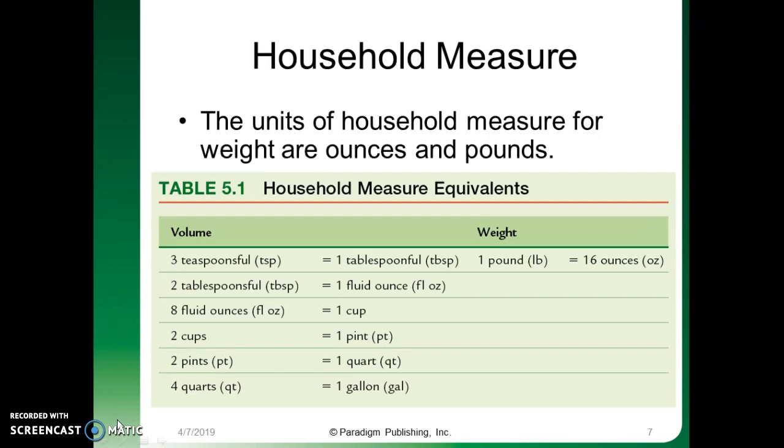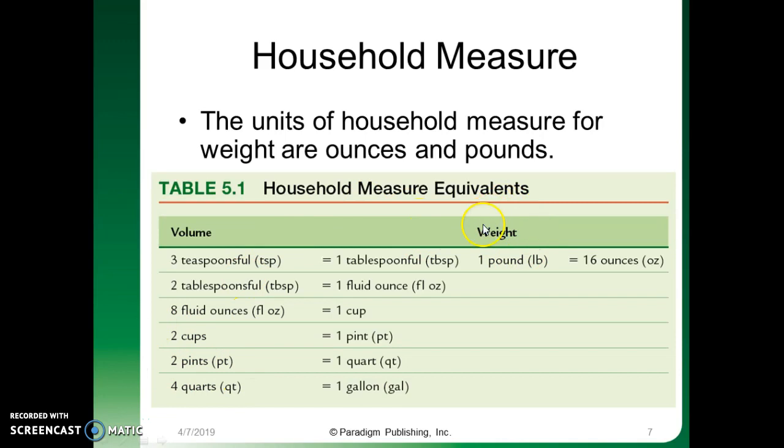So 3 teaspoons is equal to 1 tablespoon. 2 tablespoons is equal to 1 fluid ounce. 8 fluid ounces are equal to 1 cup. 2 cups are equal to a pint. 2 pints are equal to a quart. 4 quarts are equal to a gallon. And that's for volume.